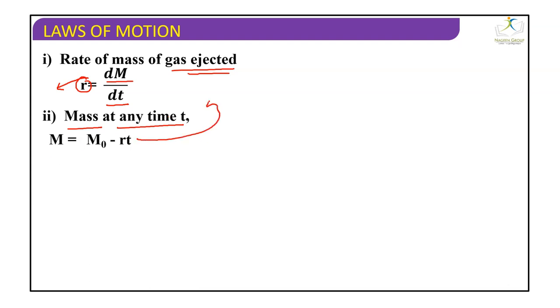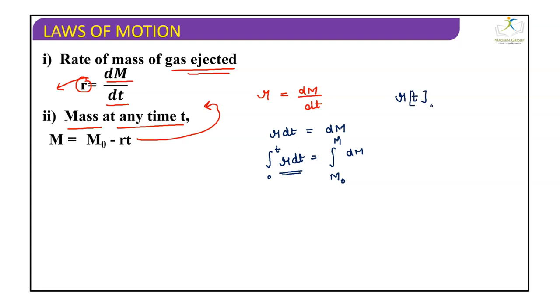How did this factor come? It came by simple integration. R is equal to dm by dt, so we can write R dt is equal to dm. Integrating t from 0 to t, R dt, and mass varies from m naught to m, dm. After integration we get Rt from 0 to t is equal to m from the lower limit m naught to m. After solution, we get Rt is equal to m minus m naught. Clear?